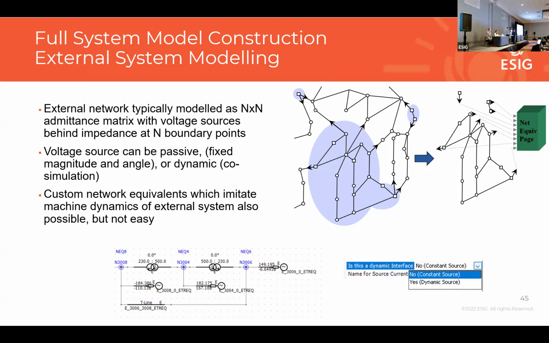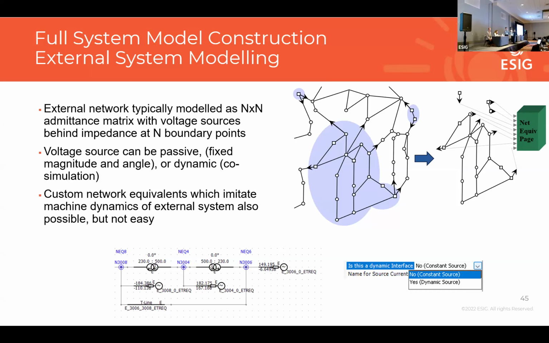The network equivalent can either be a dynamic network equivalent or a passive network equivalent, is what we would call it. You'll remember that our network equivalent has voltage sources within it, at each of these n boundary buses. And that voltage source is going to have a voltage magnitude and angle within it.